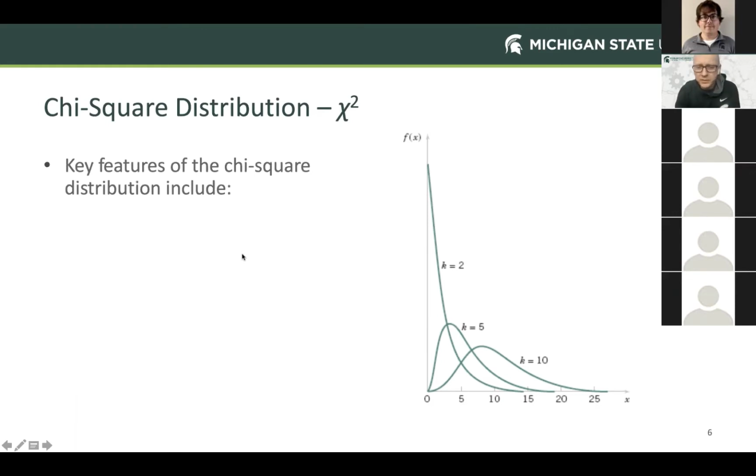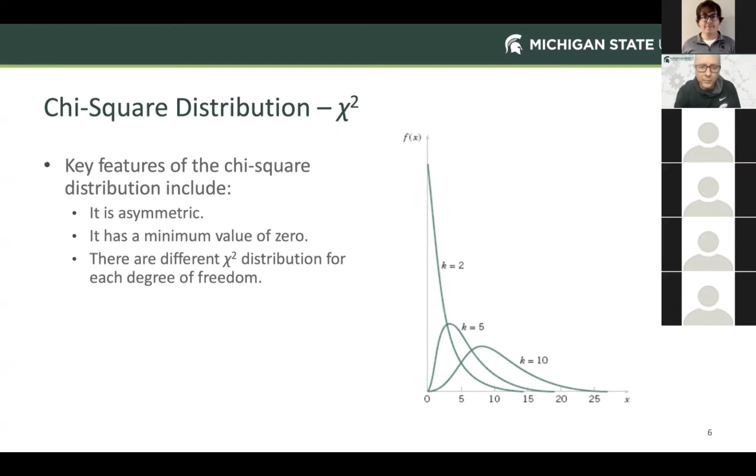And so a few of the key features of the chi-square distribution that are of interest to us here. So first of all, as you can see here, it's generally asymmetric. And instead of ranging from plus or minus infinity, it has a minimum value of 0 and ranges towards infinity on the top end of the distribution. There are also different chi-square distributions for each degree of freedom, as we've talked about previously.